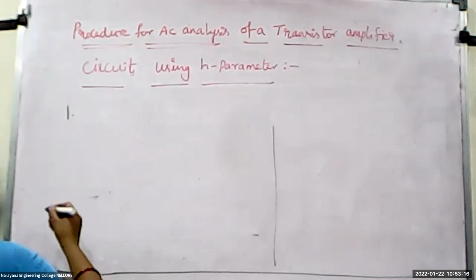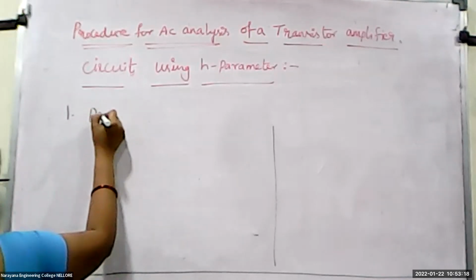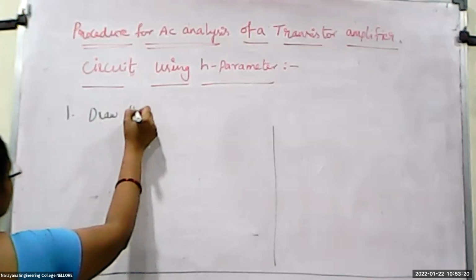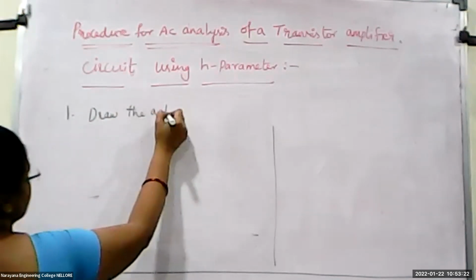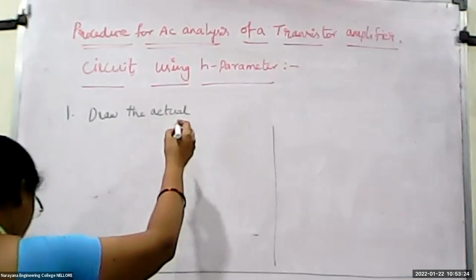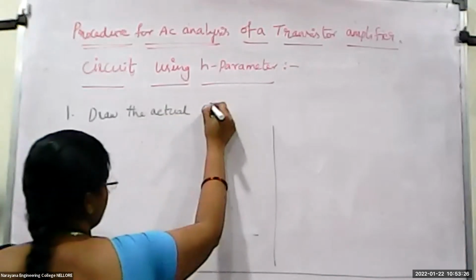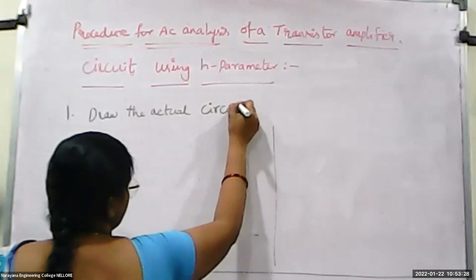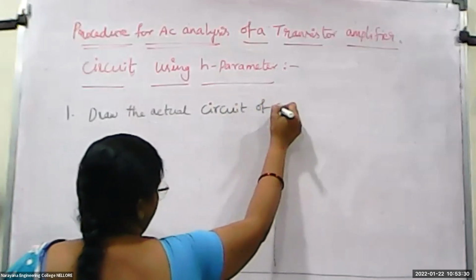First point is draw the actual circuit of an amplifier.